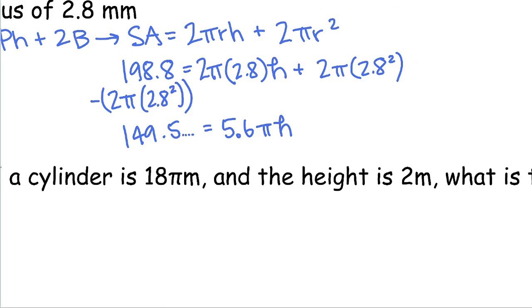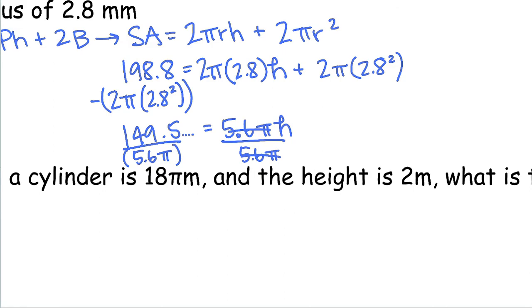Now, here's the part where the calculator is only as good as what you put into it. I'm going to go back to having that 149.5 at the bottom of my calculator, and I want to divide by the 5.6 and the π. Now, when we divide by 5.6 and the π, we have got to put that in parentheses, or it will divide by 5.6 and then multiply the answer by π.